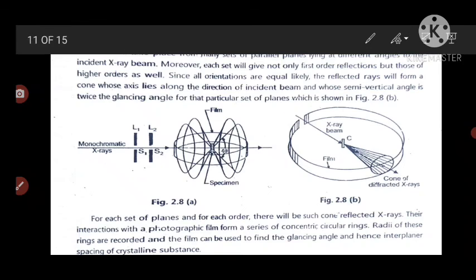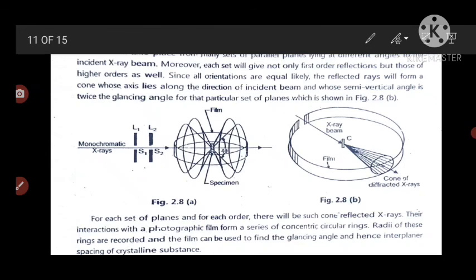Such a cone of reflected X-rays is seen in the figure, that is 2.8b. The X-ray beam is incident on the specimen C, the film surrounds it, and the cone of diffracted X-ray intersects the photographic film in a series of concentric angular rings.